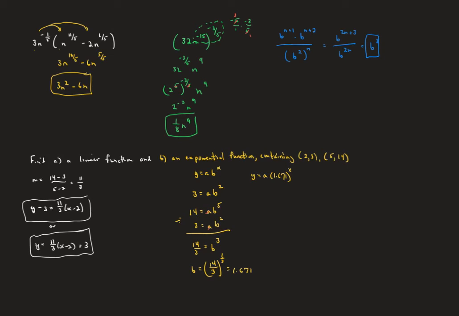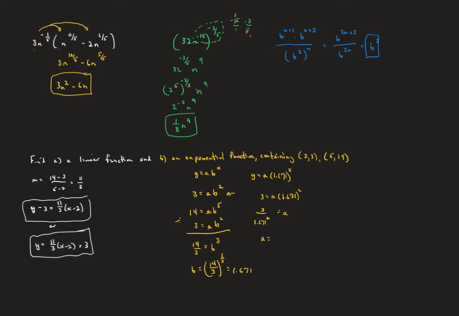So now we want to find the a, so I'm going to use this one right here. So we have 3 is equal to a times 1.671 to the second. And so that means that a is going to be 3 divided by 1.671 to the second.